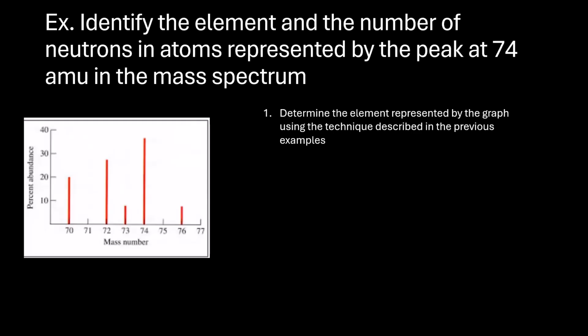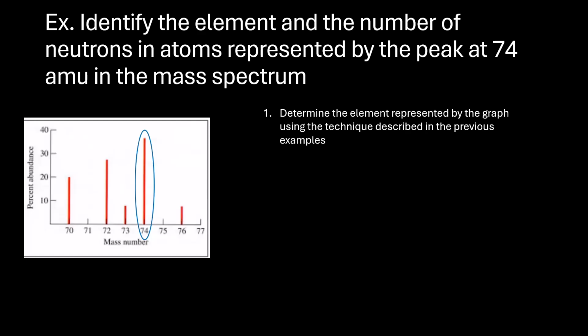So we're going to focus on this peak at 74. The first step is to determine the element represented. We have to identify it because then we have to figure out how many protons are in the nucleus so that we can figure out how many neutrons there are. I'm going to use the estimate technique since I don't have to calculate the exact average atomic mass again.